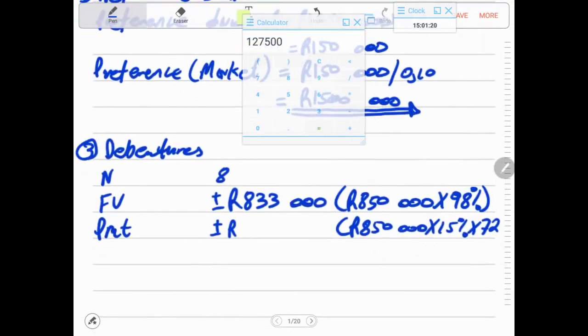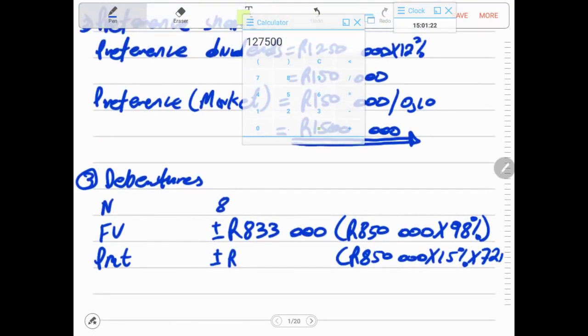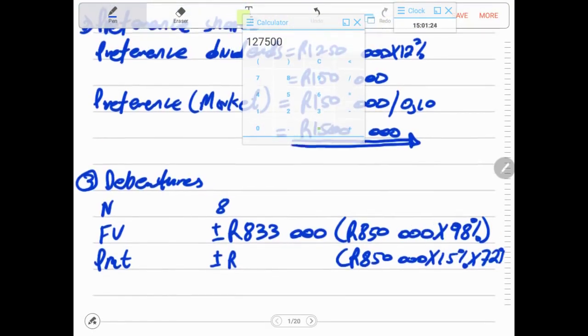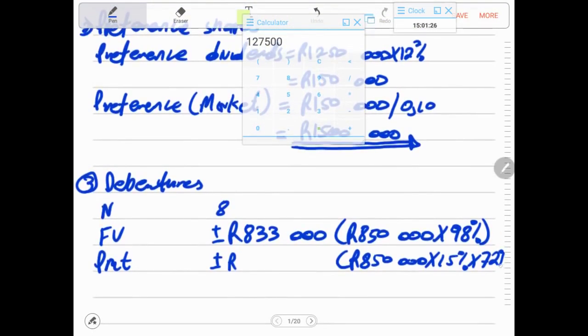And when you multiply this by 72%, that is, times this by 0.72, it will give us the amount after the tax effect has been considered. 91,800 will be our payment of interest to our debenture holders.